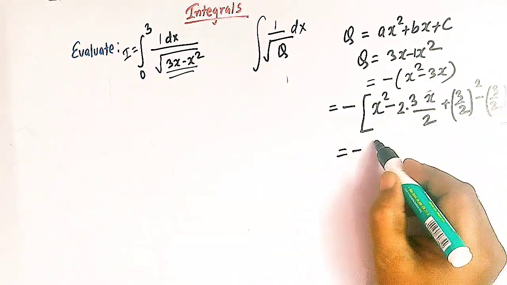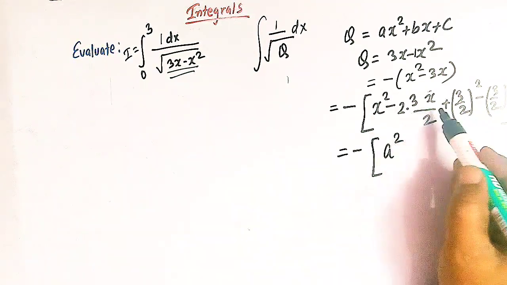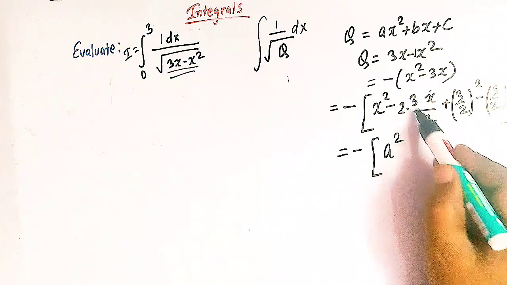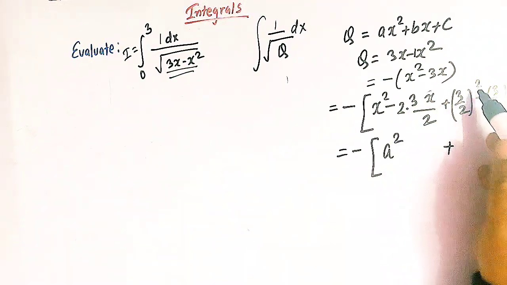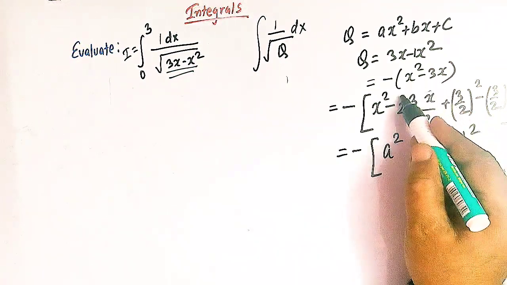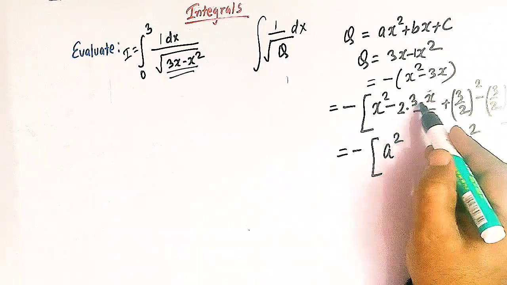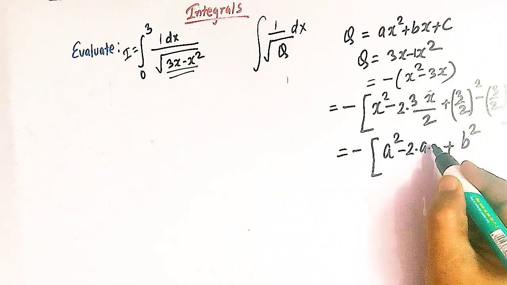So now we have x square as a square, then we have the term 2ab. Here we have 3 by 2 whole square as b square, and the middle term, that is 2 times 3x over 2, is minus 2ab.